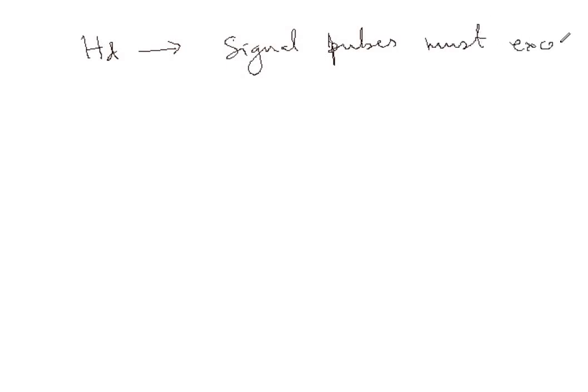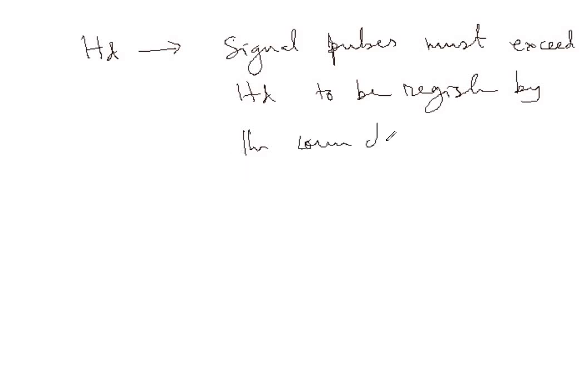So HD means that signal pulses must exceed HD to be registered by the counting circuit, and this is called the discriminator level.